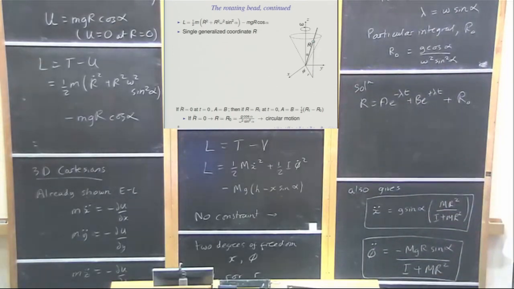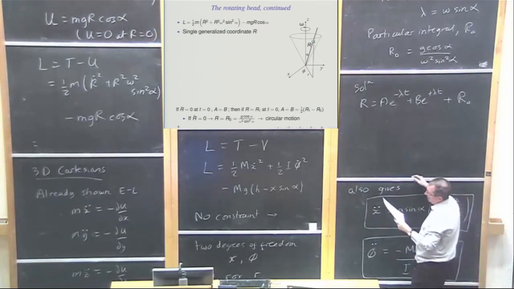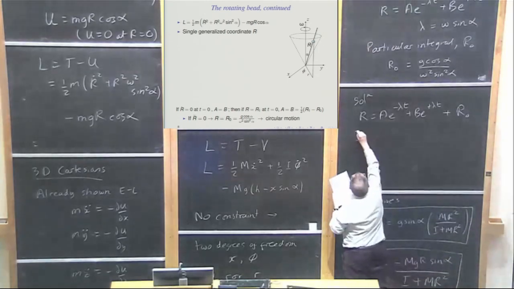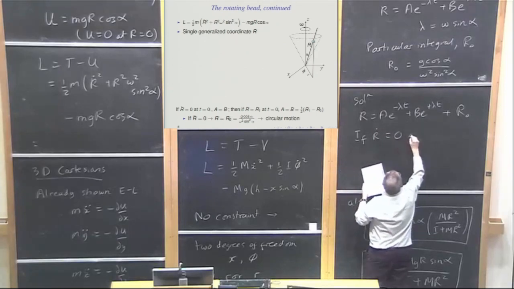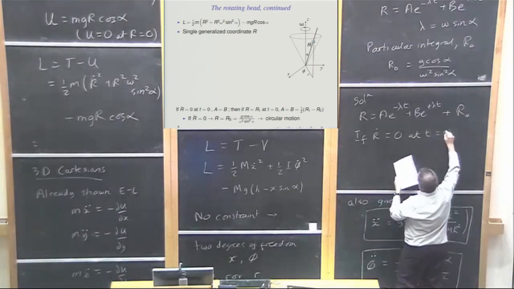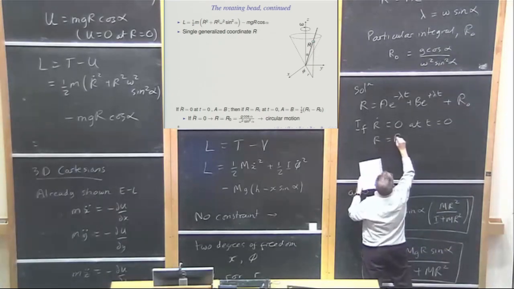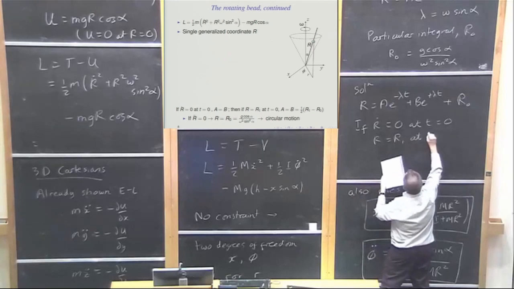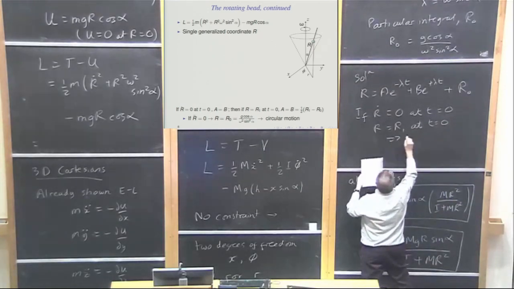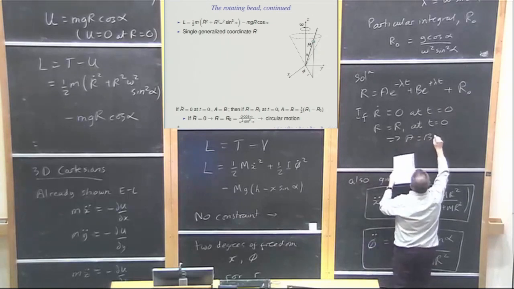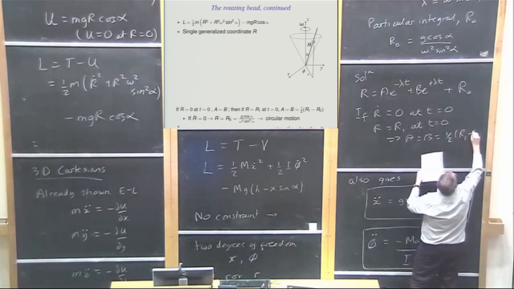And let me just apply some initial conditions to find solutions for A and B. So if it starts at rest, so if r dot equals 0 at t equals 0 and r equals, say, r1 at t equals 0, then this tells us that A is the same as B, and it's a half (r1 minus r0).